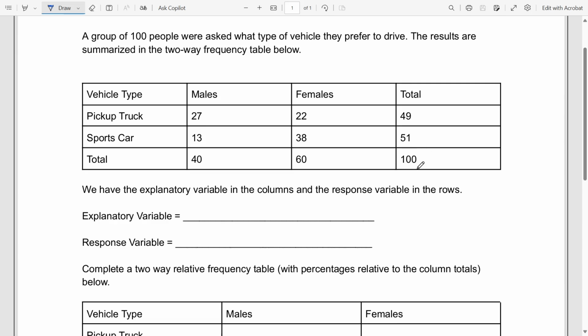So let's first label the explanatory variable in the columns. That's known in the columns, so that's the sex of the person, whether it be male or female. And then the response variable is going to be the vehicle type.